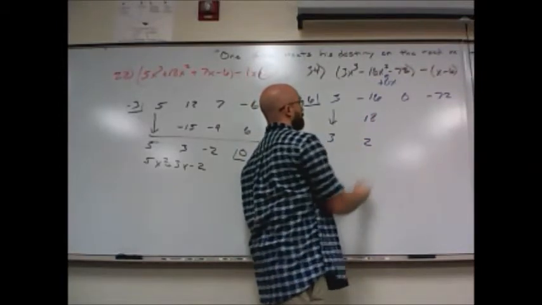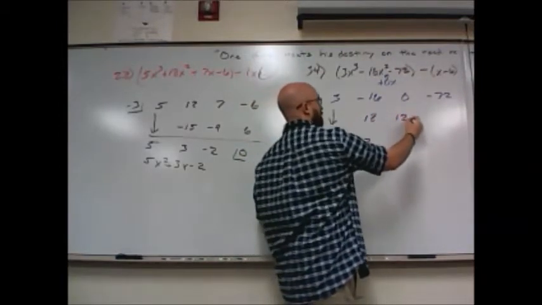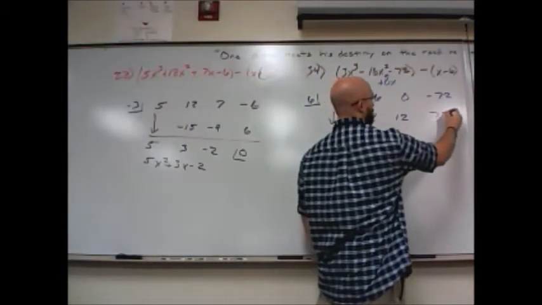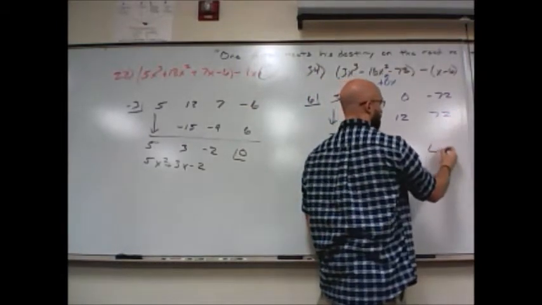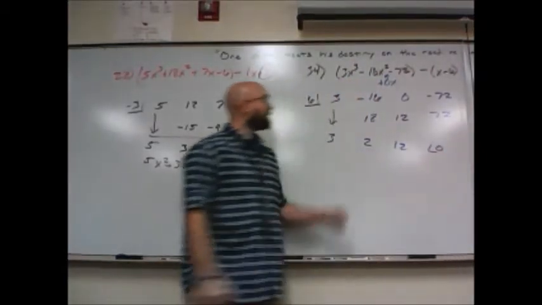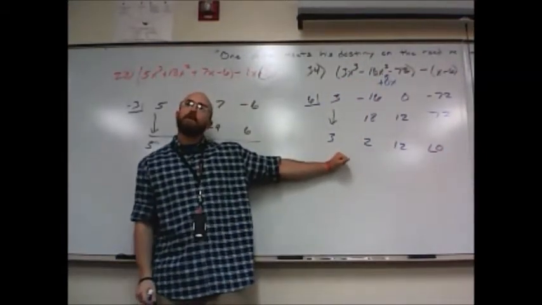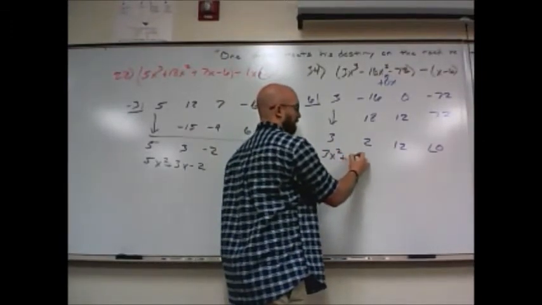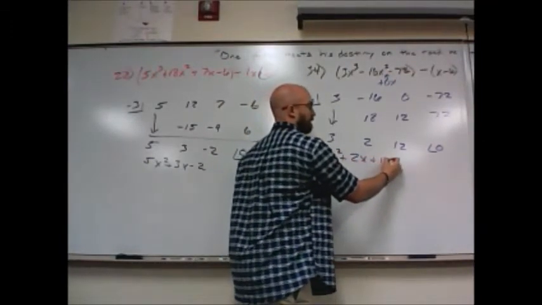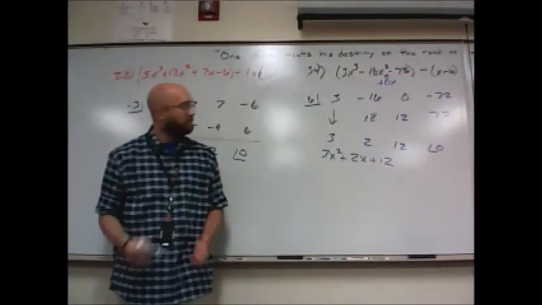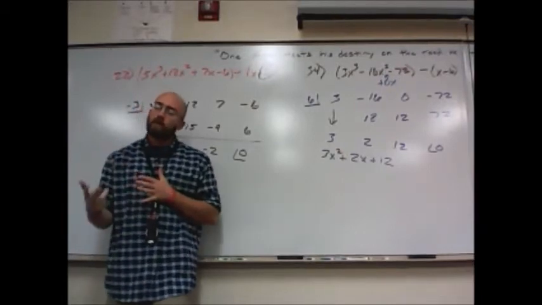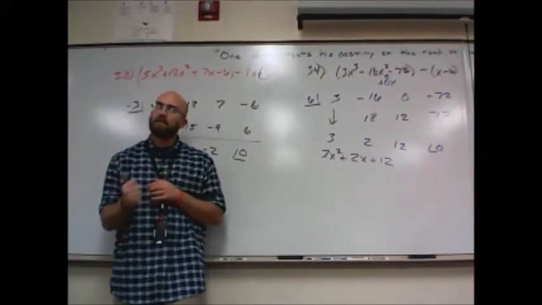So you get 12. 12, 17. So how do I write this one though? 3x squared. And that's it. Overall, does that seem simple?